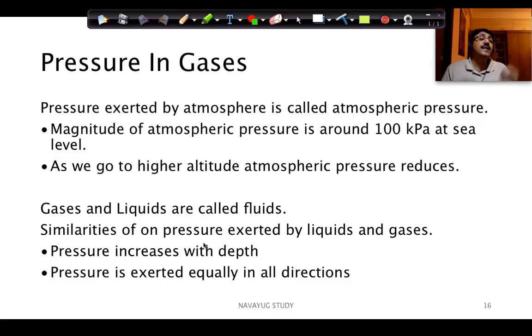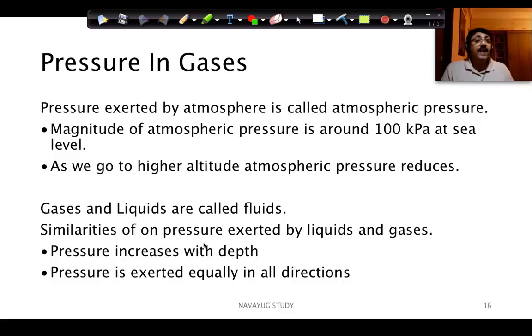When the density of the liquid increases, what happens to the pressure? Okay, fine. So when the vertical height of the liquid or gas increases, the pressure increases. When the density of the liquid or gas is higher, then also pressure increases, because the pressure is h rho g. So the pressure is directly proportional to the vertical height, and pressure is directly proportional to the density.